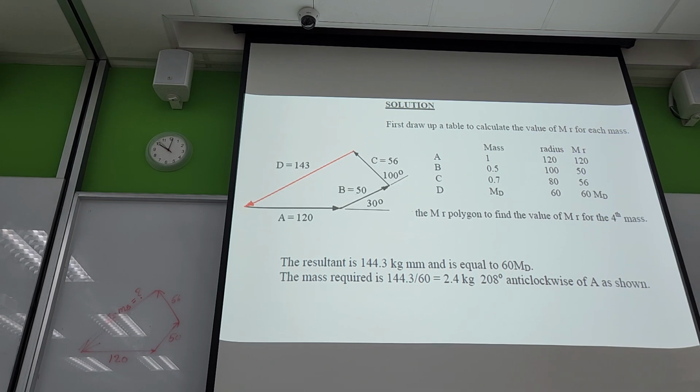This current angle is 130 degrees, right? From this point, 100 degrees. How much angle is that? 20 degrees measured from this.